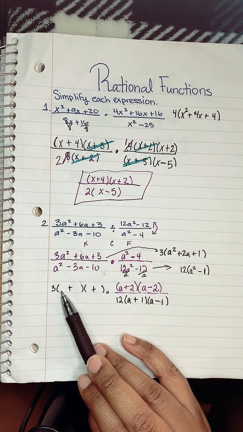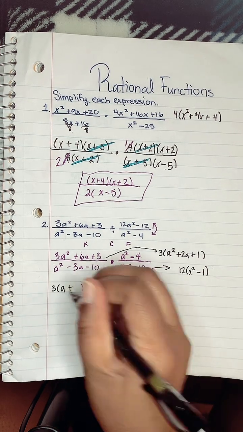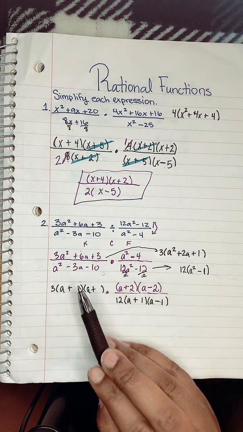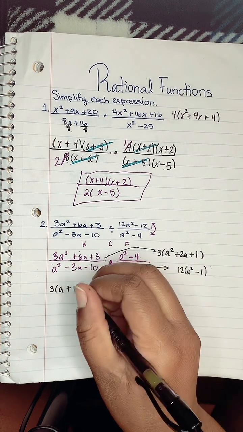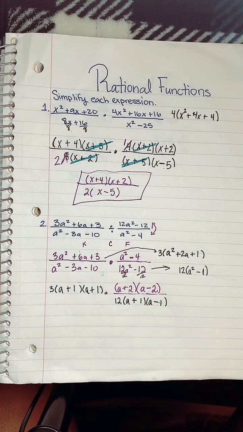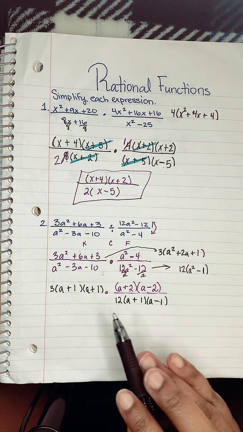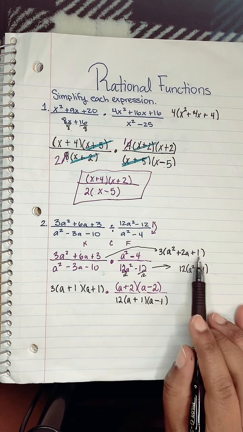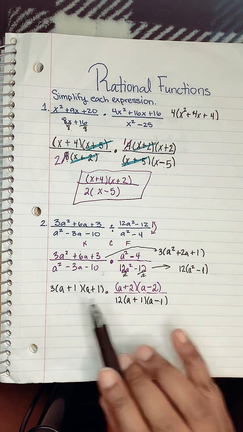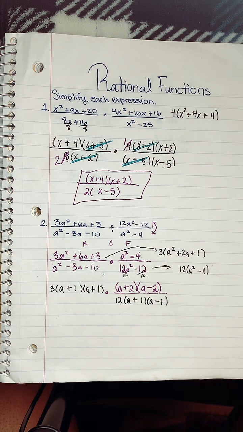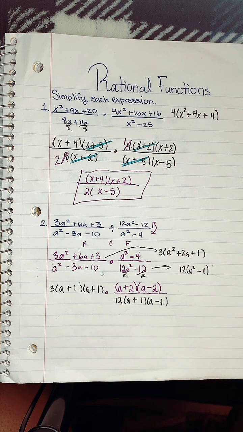And then we ask ourselves, what times what gives us this a squared? A times a. And then what times what gives us 1? Well, 1 and 1. Now, some of you guys might be like, well, how are you getting the 2 though? Right? Well, 1 times 1 gets us 1 and 1 plus 1 gets us 2. So that's how we know it checks. Okay? You add them and you have to multiply them.